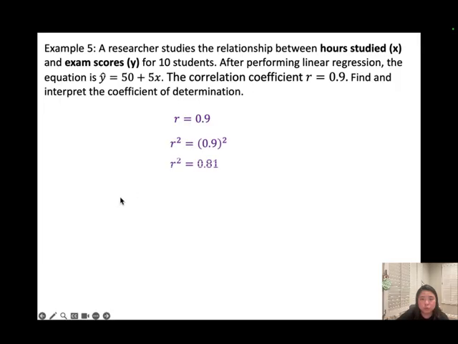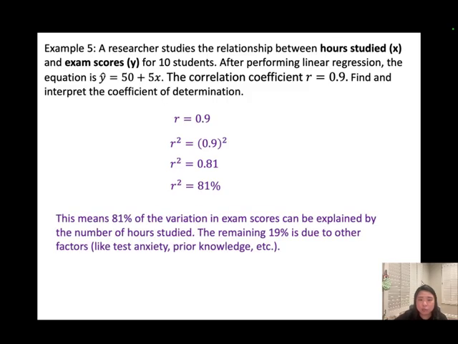Squaring gives 0.81. We write it as a percentage, so R squared equals 81%. How do we interpret the coefficient of determination? 81% of the variation in exam score can be explained by the number of hours studied. And for the remaining, use 100 minus 81%. The remaining 19% is due to other factors, like test anxiety and prior knowledge.